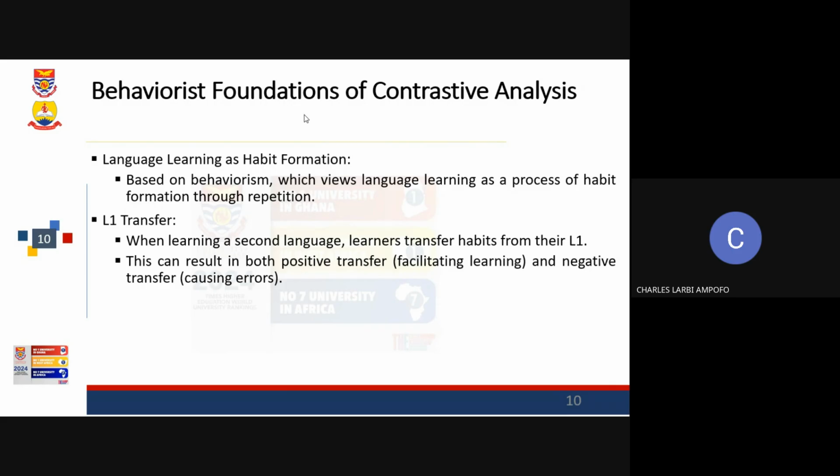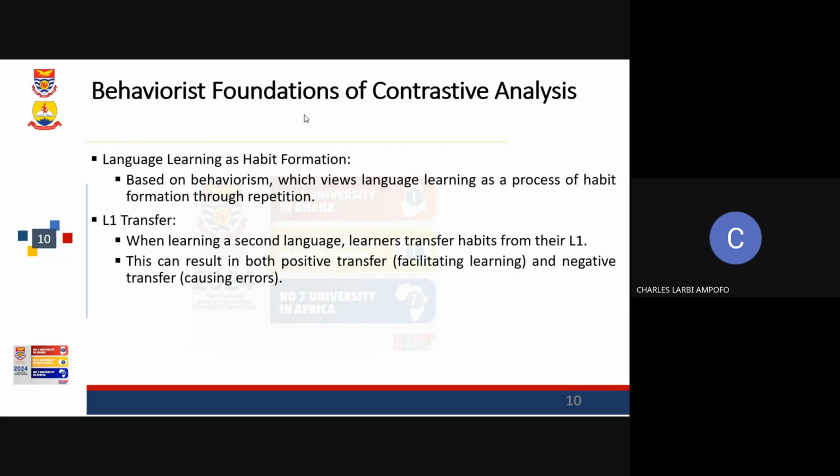So we learned earlier that when you talk of contrastive analysis, it's rooted in structural linguistics, and not just in structural linguistics, but also in behaviorism. So we look at the behaviorist foundations of contrastive analysis.